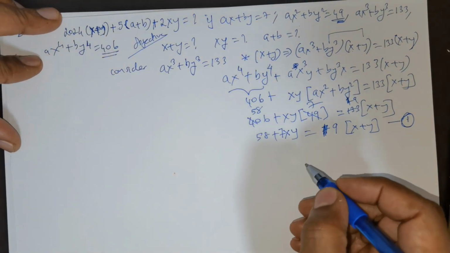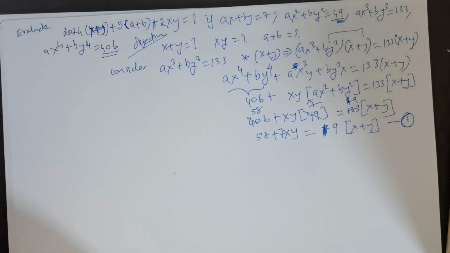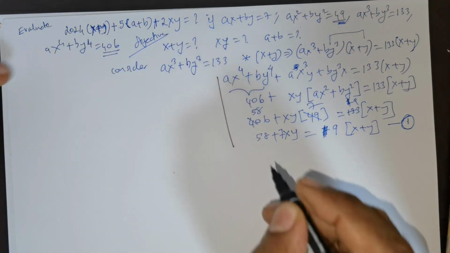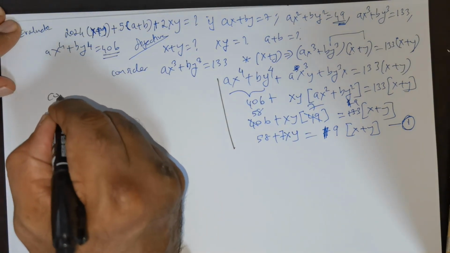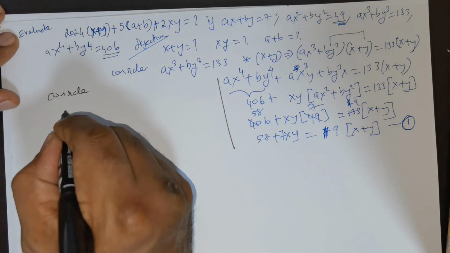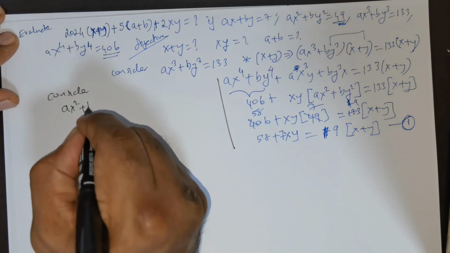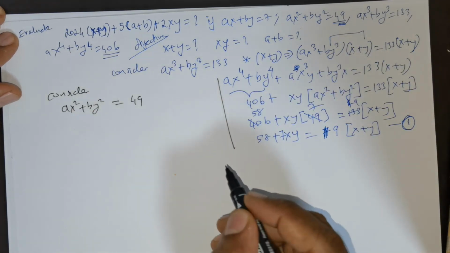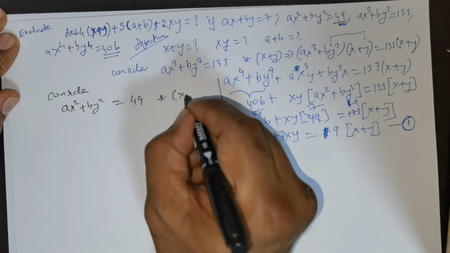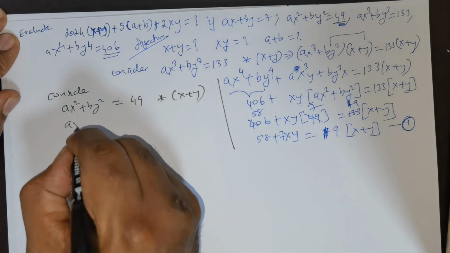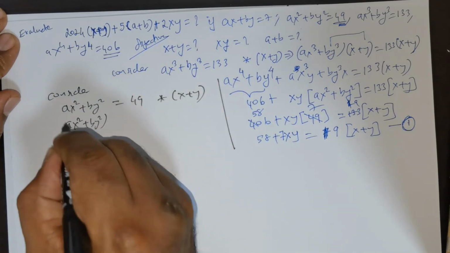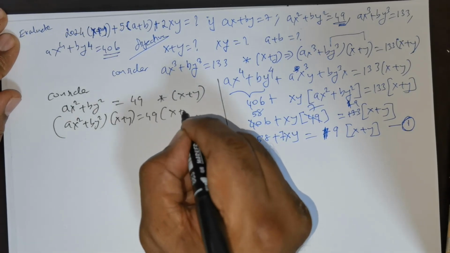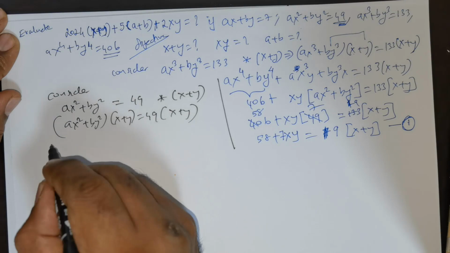Now let me consider the next one. I think I will change the color. Now I'm going to consider ax² + by² = 49. What I wish to do, I would like to multiply both sides by (x + y). So (ax² + by²)(x + y) = 49(x + y). Distribute x + y.